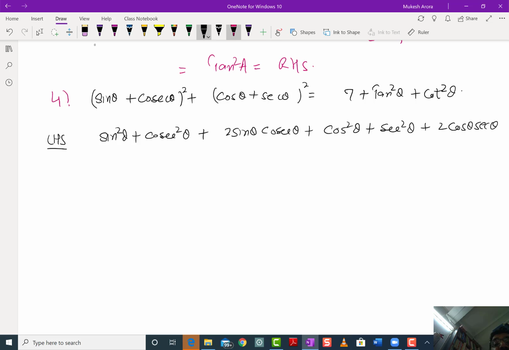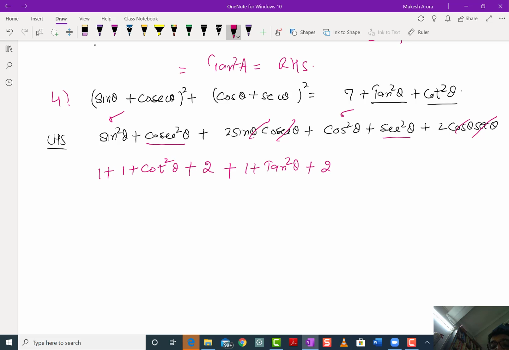What we have to prove, we need tangent and cot. So sin square theta plus cos square theta is equal to 1. Cosecant square we can write 1 plus cot square theta, plus this is cancelled, reciprocal. Secant square is 1 plus tangent square theta and this is reciprocal too. So it will be 7 plus tangent square theta plus cot square theta, which is equal to RHS.